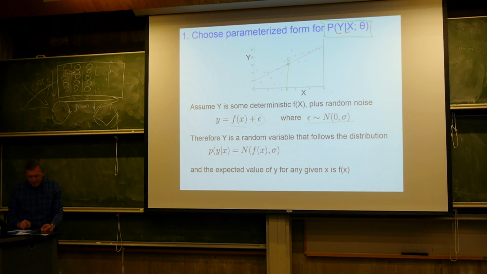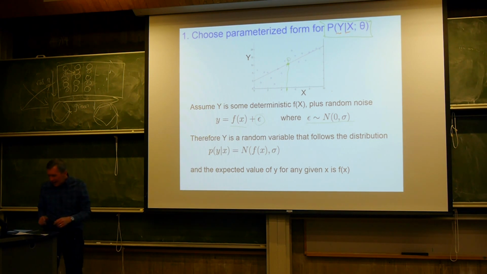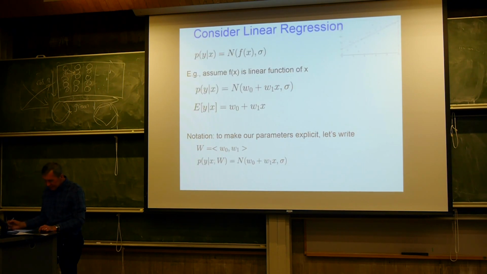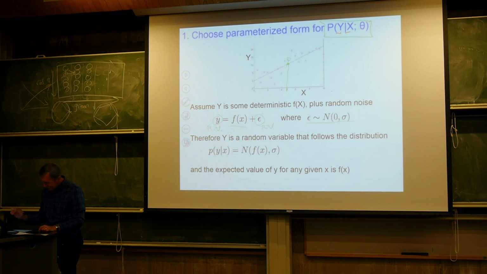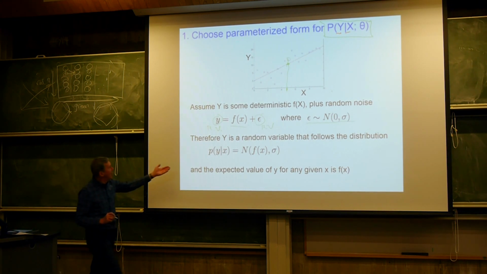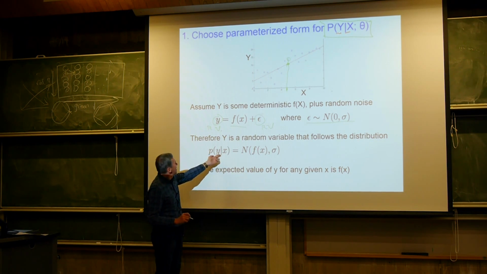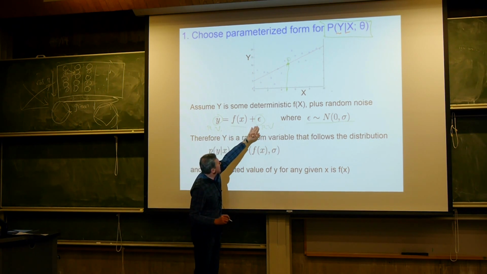Given that, this epsilon is of course a random variable, and since y is a function of that random variable, y is also a random variable. In fact, the probability of y given x is just f of x plus epsilon.